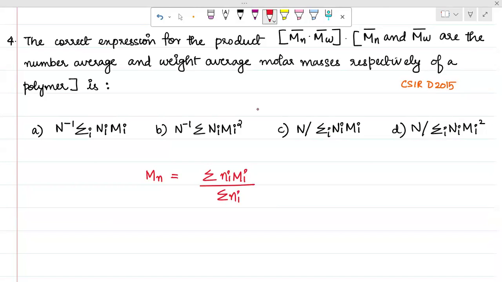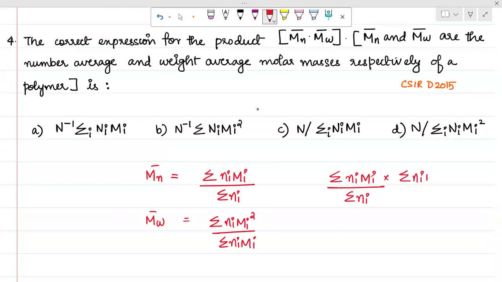Now, into Mw bar, which is sigma Ni Mi square divided by sigma Ni Mi. They have asked us to take the product, correct? So sigma Ni Mi divided by sigma Ni into sigma Ni Mi square divided by sigma Ni Mi.